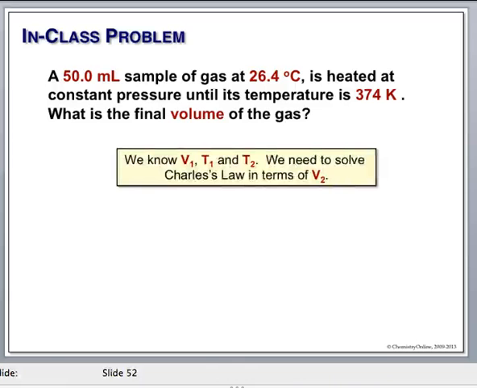We're going to do V1 over T1 equals V2 over T2, and we're going to solve this in terms of our final volume. The one thing we have to remember, whenever you do temperature and gas law problems, the temperature must be given in Kelvin.